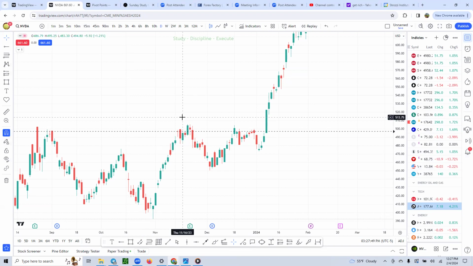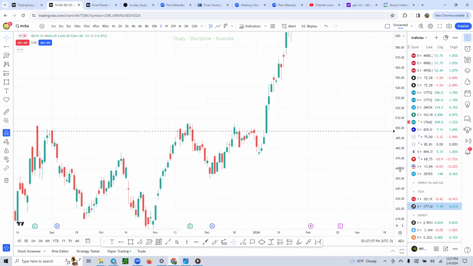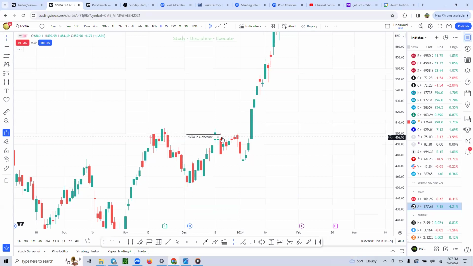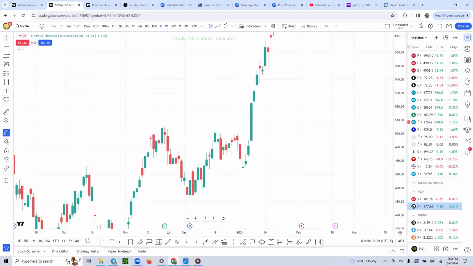So one of the things that people do is use the Fib retracement with the extension to project where price could go. And so we were looking at this, how can we use the Fib extension to project where price is going?